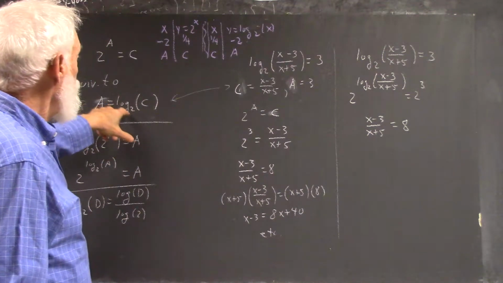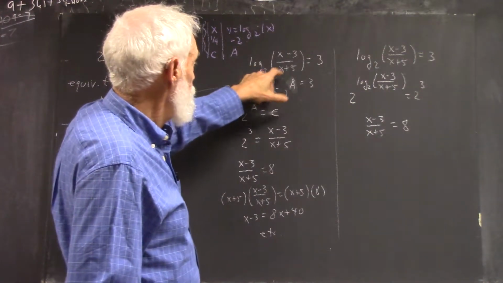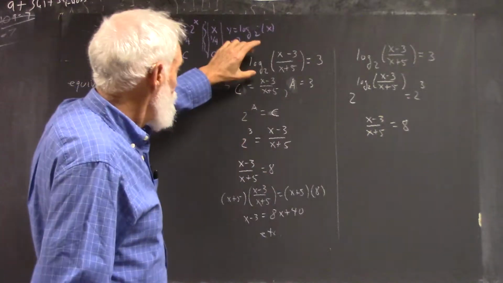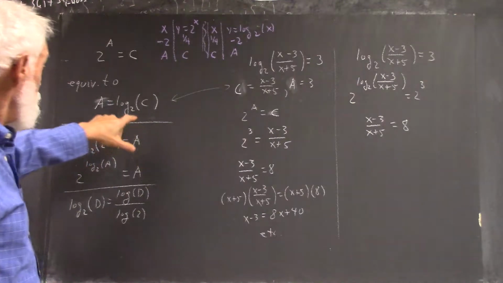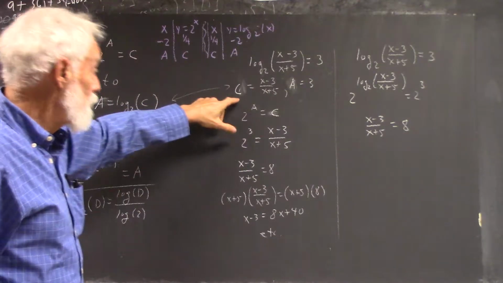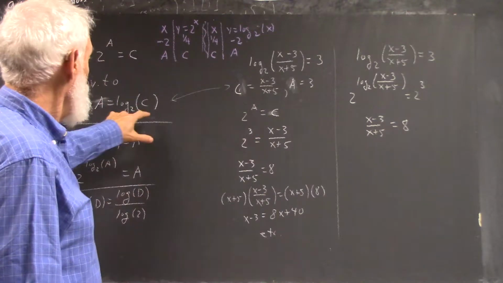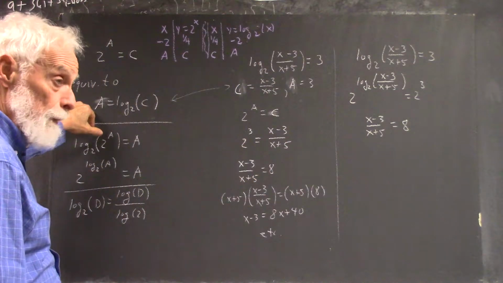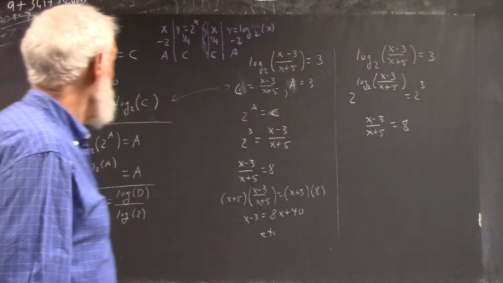We have a log base 2 of something equals something. We have a log base 2 of this something equals this something. And the something we have inside of the log base 2 function is what we'll identify with c. So c is going to be your x minus 3 over x plus 5. And the thing that the log base 2 of something is equal to is going to be a. So a is going to be 3 in this case.